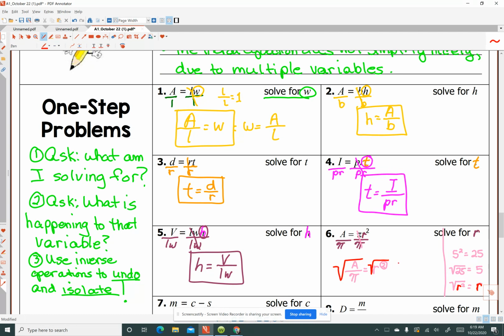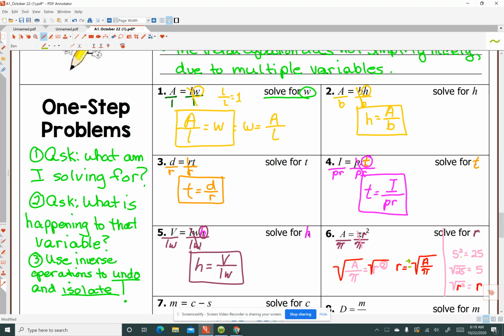So now I'm left with, I'm going to move my r to the left side. I've got my r isolated equals the square root of a over pi. One thing left to note. When we're dealing with square root, we want to always make sure to include both the plus and the minus in our answer.